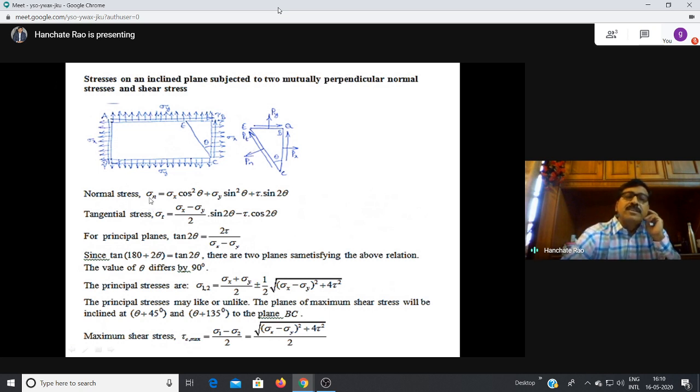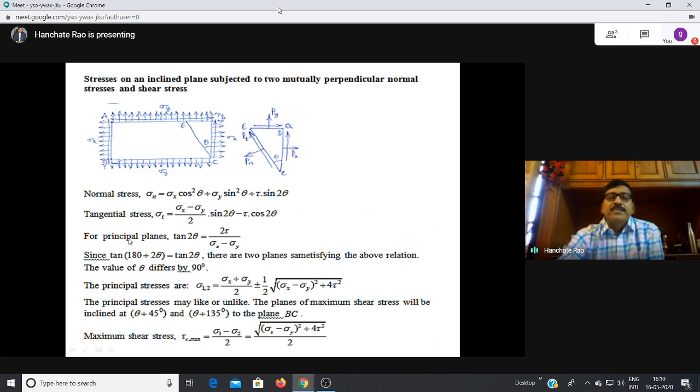The normal stress sigma n is equal to sigma x cos square theta plus sigma y sin square theta plus tau sin 2 theta. If you put tau equal to 0, we get the previous problem. Similarly, the tangential stress sigma t is (sigma x minus sigma y)/2 sin 2 theta minus tau cos 2 theta.